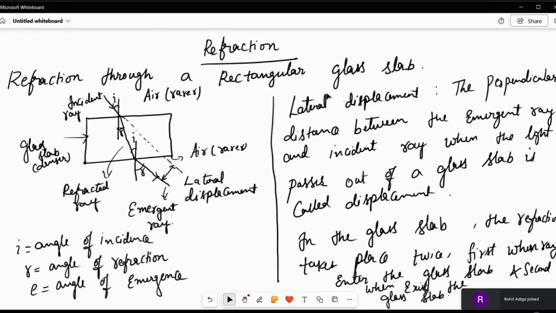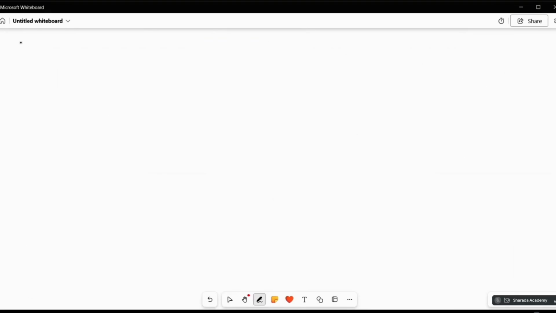But if they ask to explain, write the diagram and explain. Diagram. The extent of bending of the ray of light.